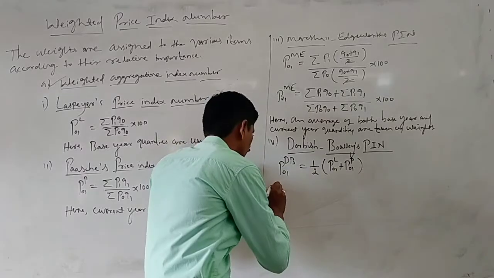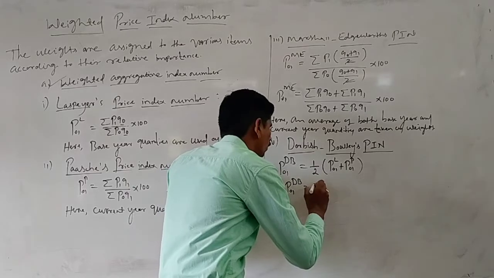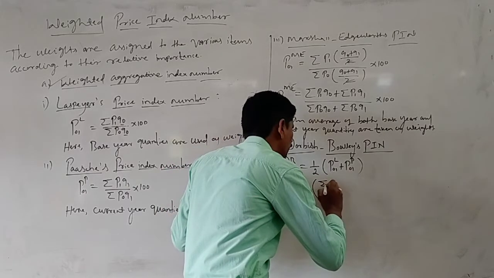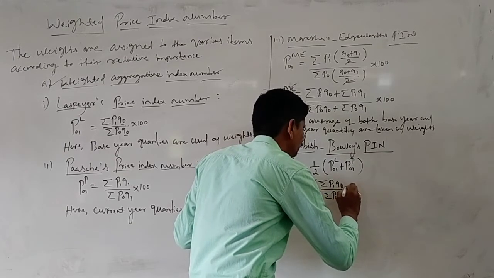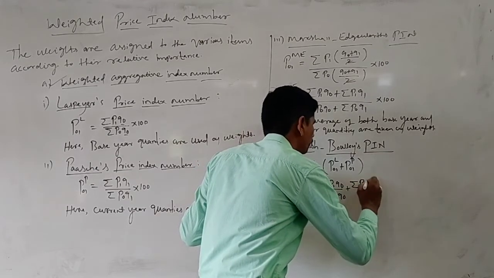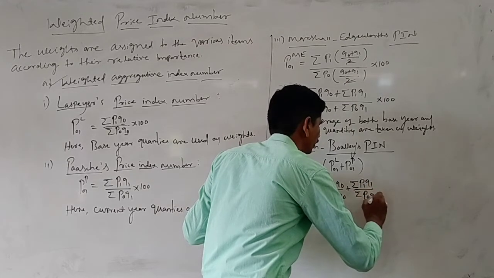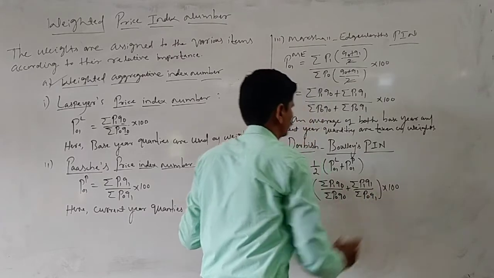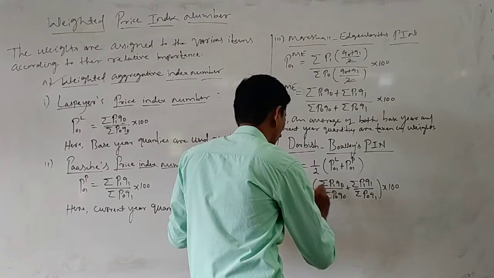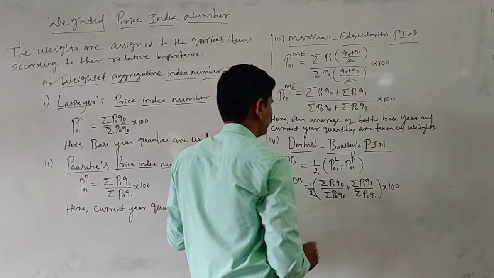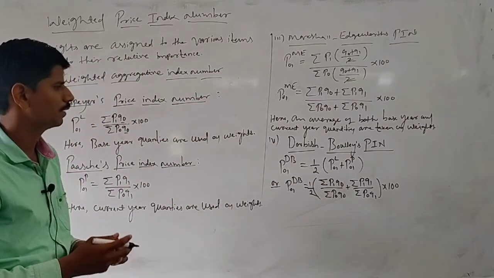Or P01 DB equal to sum of P1 Q0 by sum of P0 Q0 plus sum of P1 Q1 by sum of P0 Q1, into 100 divided by 2. Otherwise, 1 by 2 into sum of P1 Q0 by sum of P0 Q0 plus sum of P1 Q1 by sum of P0 Q1, into 100.